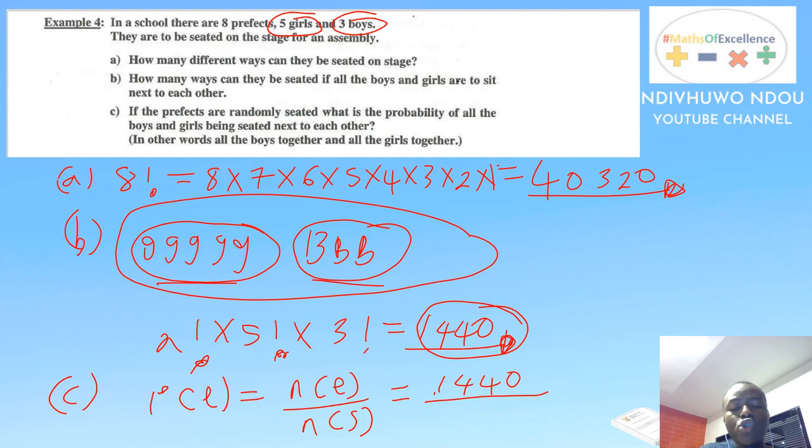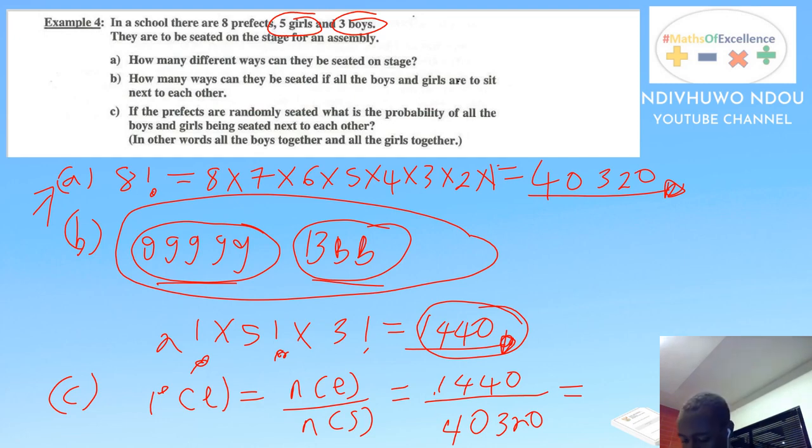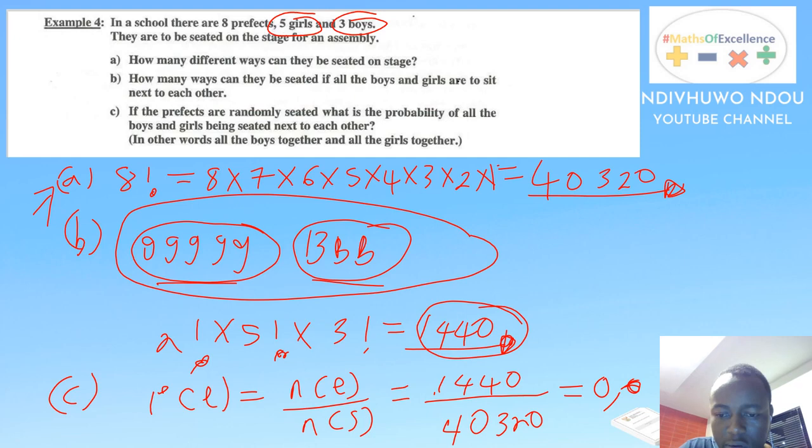The total number of the sample space will be the total number of ways in which you can arrange all people, and we already calculated it in A: 40,320. Using a calculator, it's actually 1 out of 28, which rounded off to 2 decimal places is 0.04.